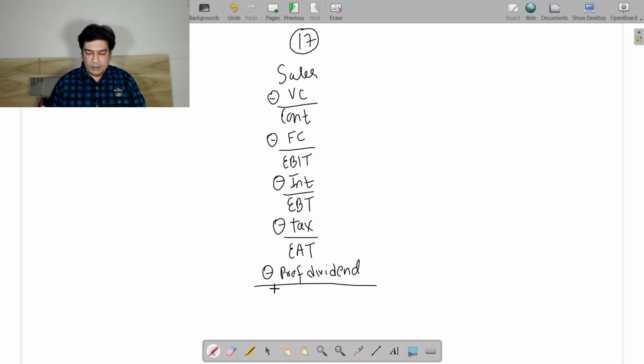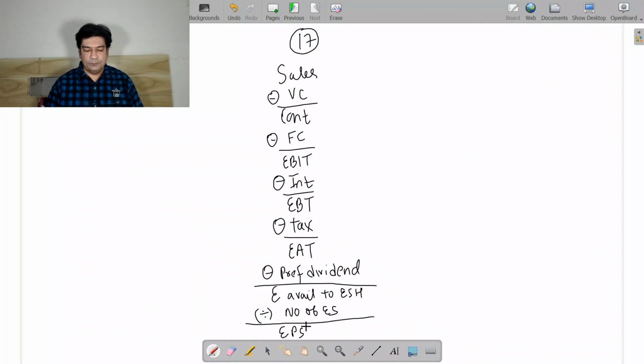So these are the earnings available to equity shareholders. This I will divide by number of equity shares. Finally I'll get earning per share. So this is the format which I have prepared.